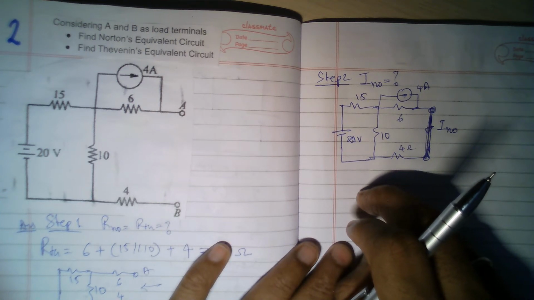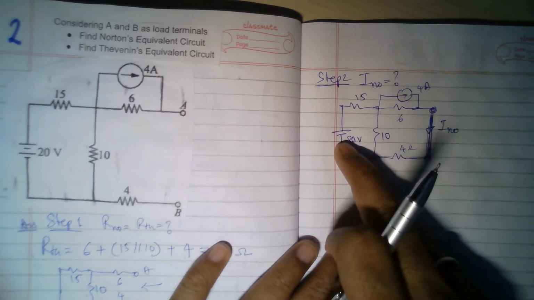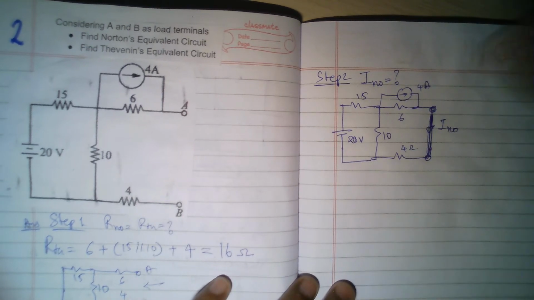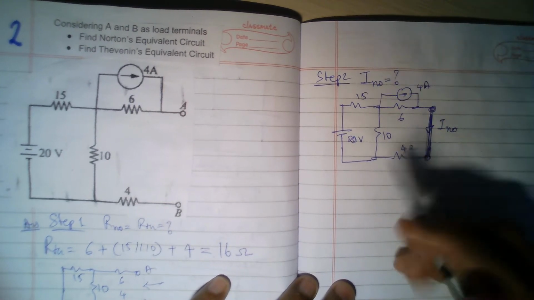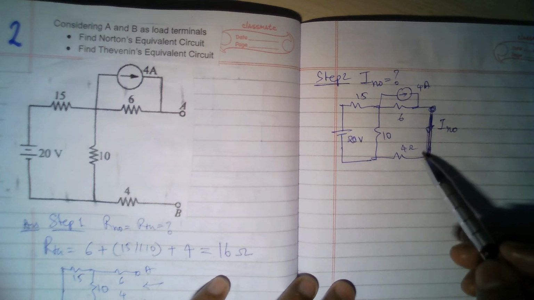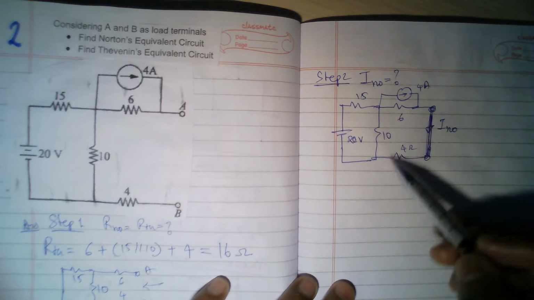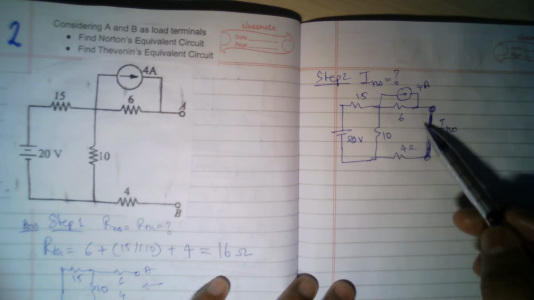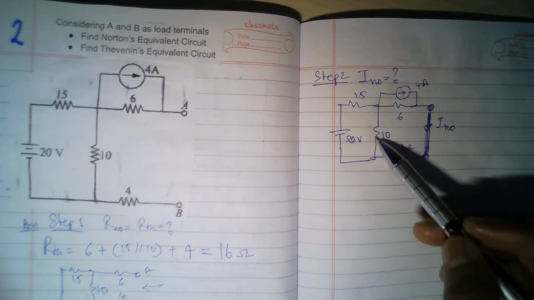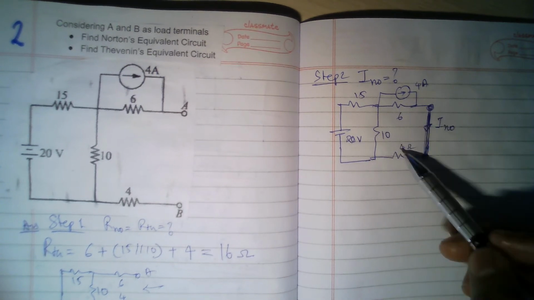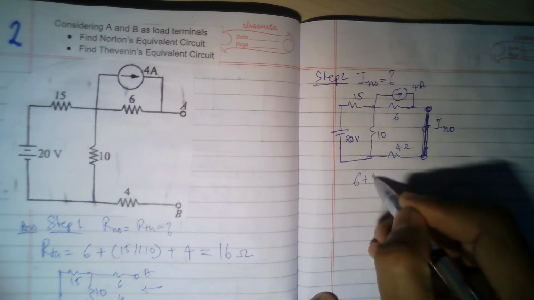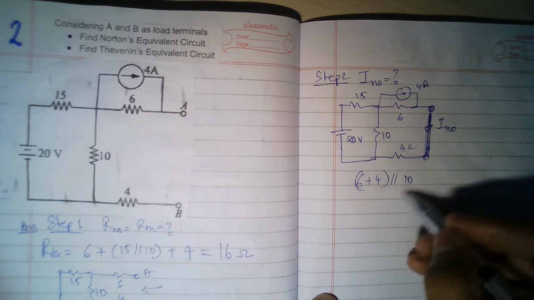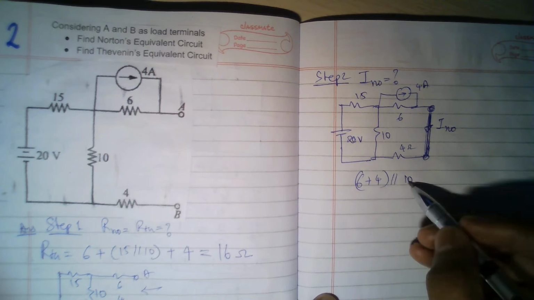In that case, first, let's consider this 20 volt source. I have to open circuit the current source. If I open circuit this 4 amperes and only 20 volts is there, then 6 and 4 will become series connected, and that is parallel with 10. 6 plus 4 is 10, so this whole thing is nothing but 10 parallel 10, that is 5 ohms.